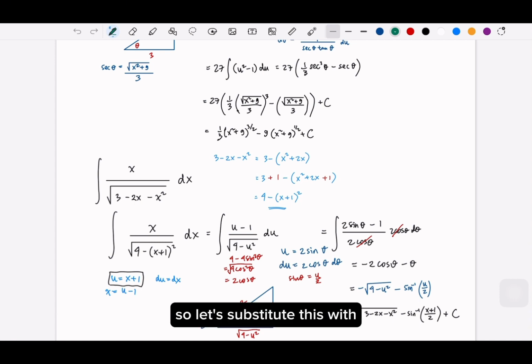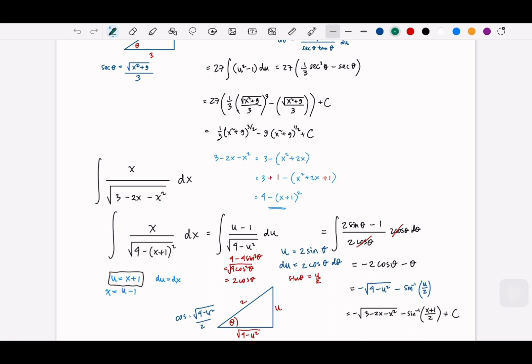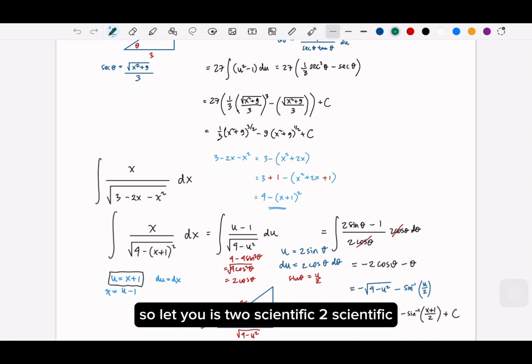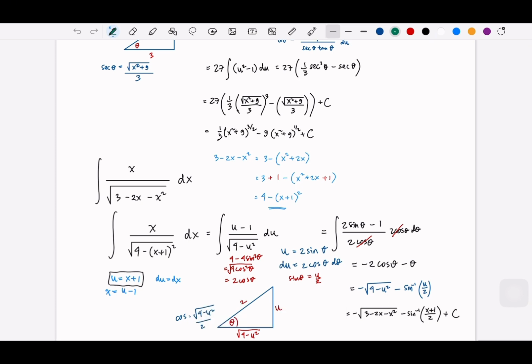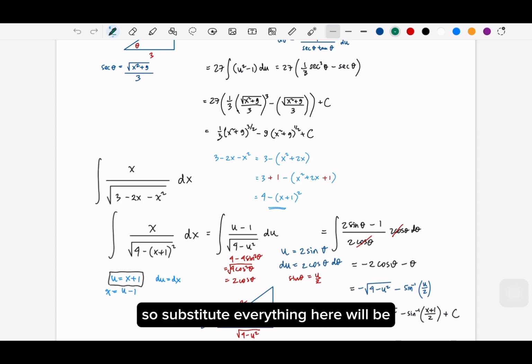So let's substitute this with, let me write here, let u be 2 sine theta. So du is 2 cosine theta. So substitute everything.